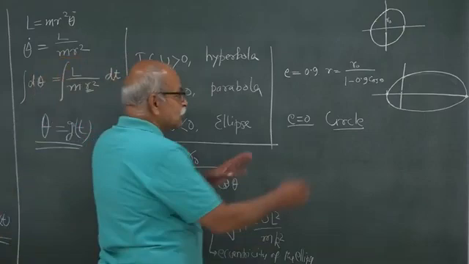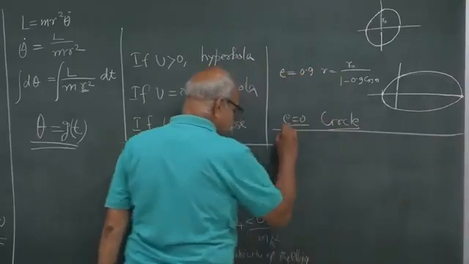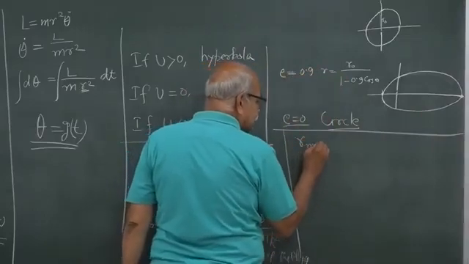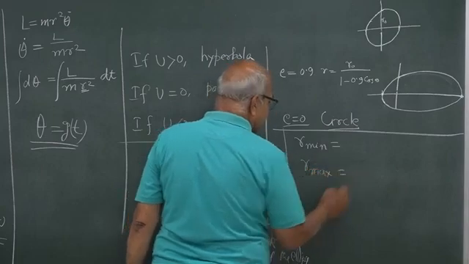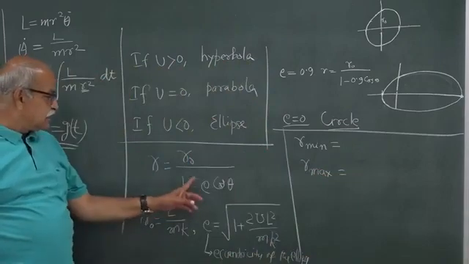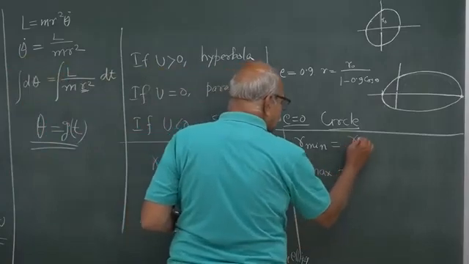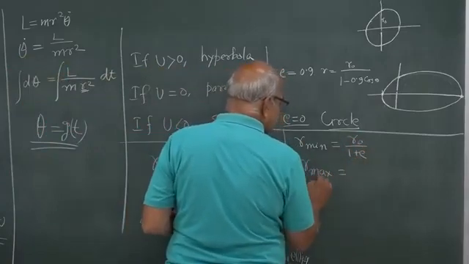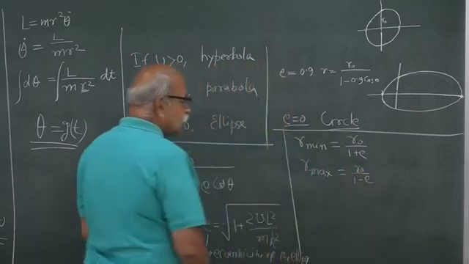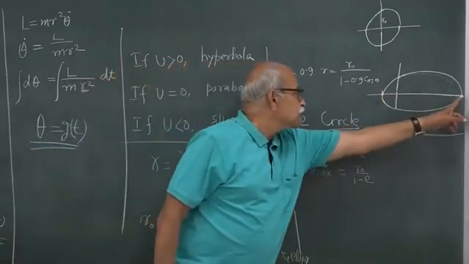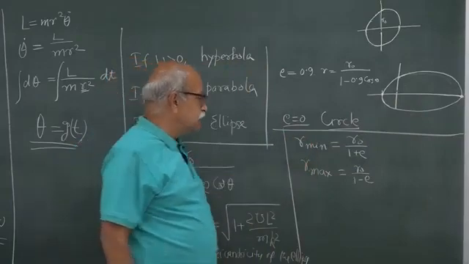So that is how. And you can also get this idea of how elongated it is from r minimum and r maximum. So what is r minimum here? r minimum is r naught divided by 1 plus E, and r maximum is r naught divided by 1 minus E. So this is your maximum and this is the minimum, and here is the relation.